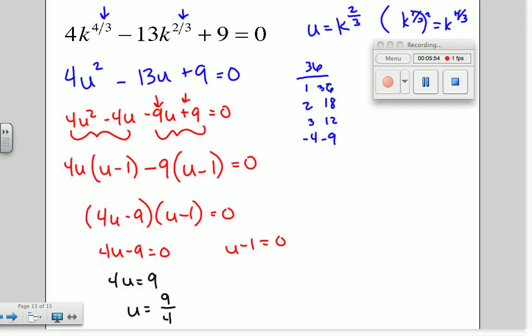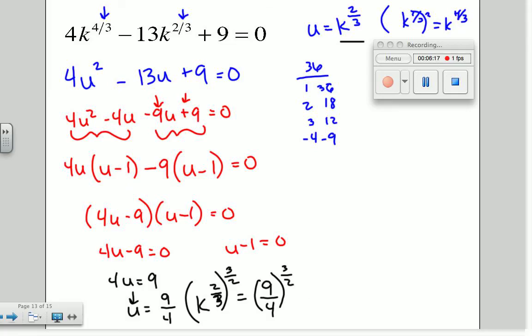So I'm going to replace u with k to the 2/3. So k to the 2/3 equals 9 over 4. How do I get rid of 2/3? How do I make it into a 1? Well, I multiply by the reciprocal, so I raise everything to the 3/2 power on both sides.